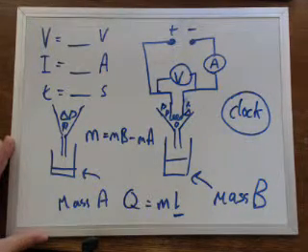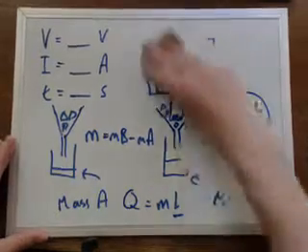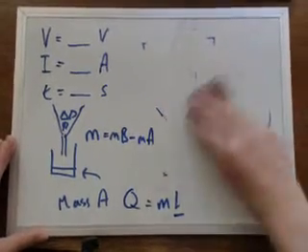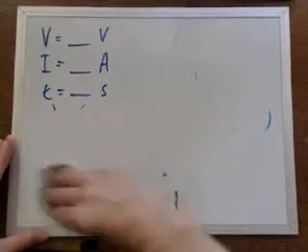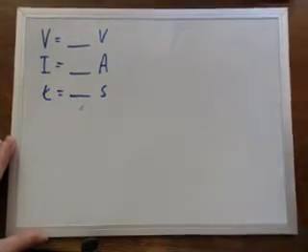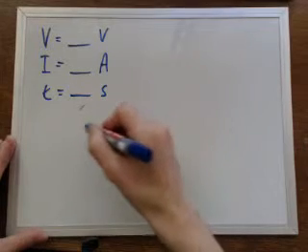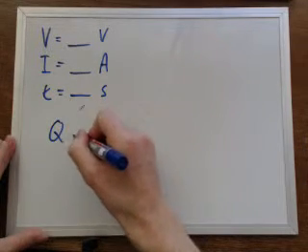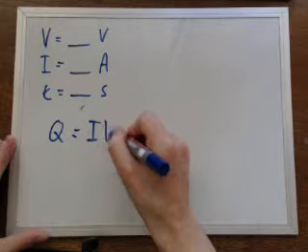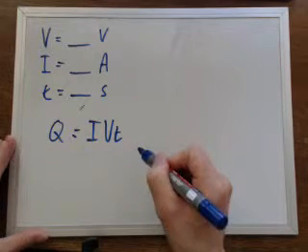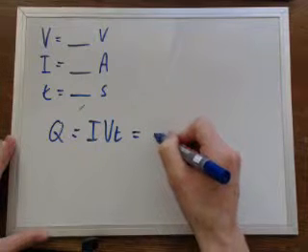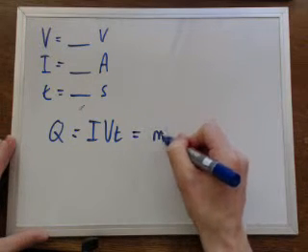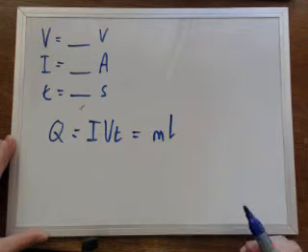So how do we do that? Okay, so I'll rub this out. What we will have is the energy, so Q will be equal to I times V times T, which will be equal to the mass difference between mass A and mass B, which is M, times the latent heat of fusion.